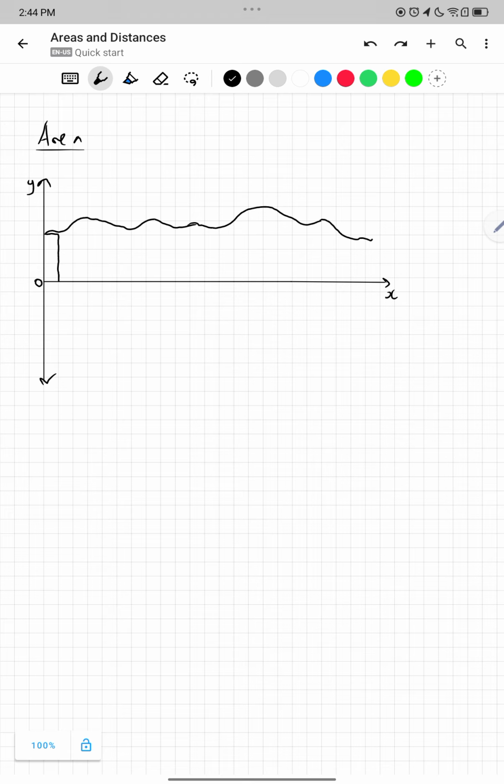Something like this. What a rectangle. Something like this.